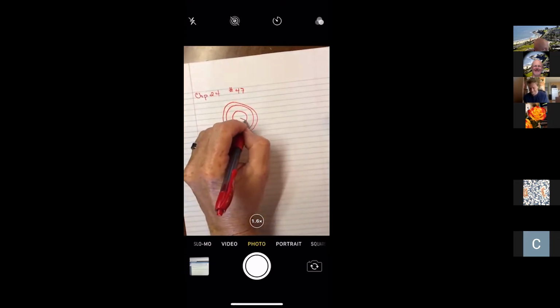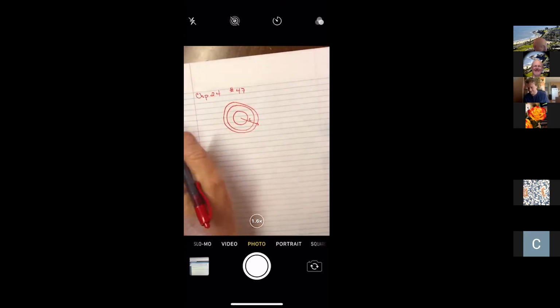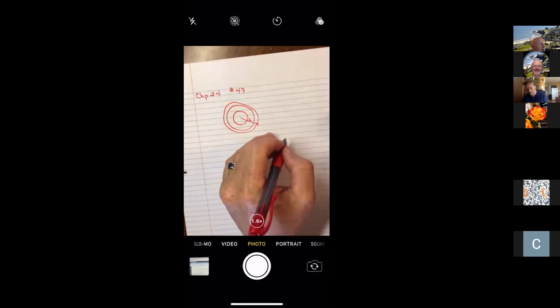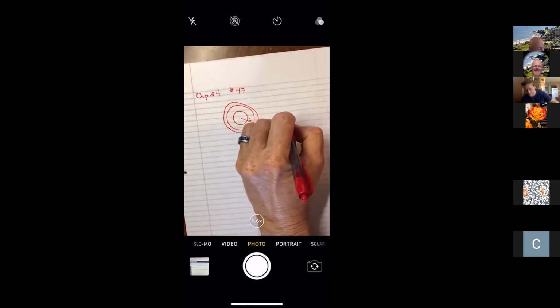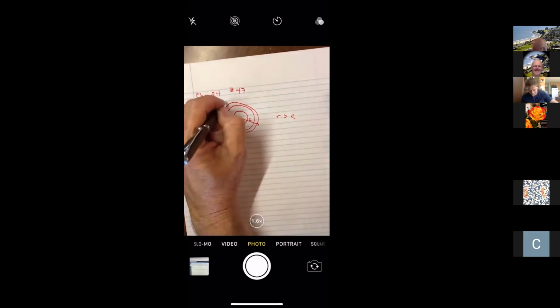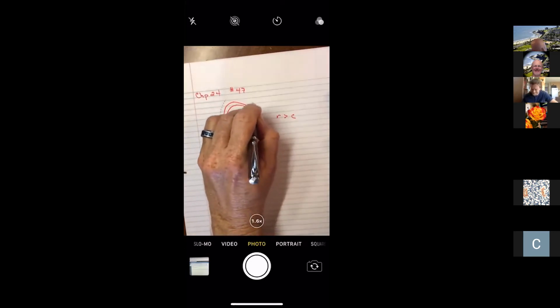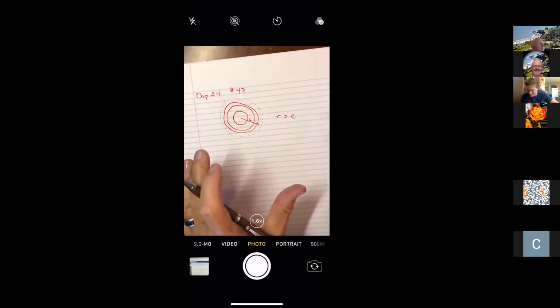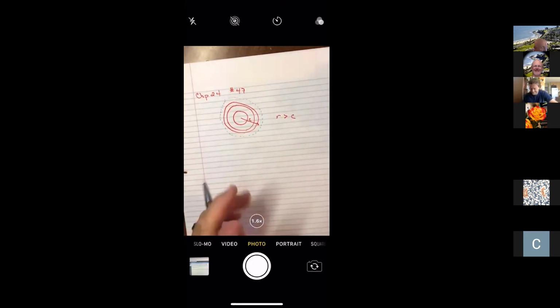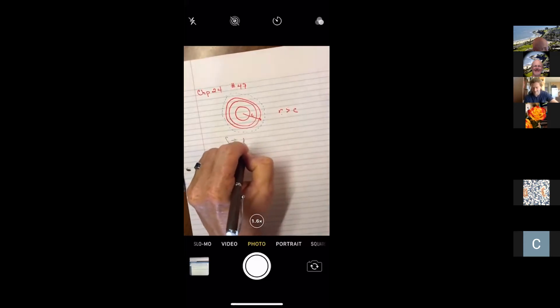And the outer radius of this conductor is C. You're asking about the last half of A, which says R greater than C. I'm going to draw a Gaussian surface around on the outside, because that's where they want us to find it, R greater than C, and then do another calculation of Gauss's law.